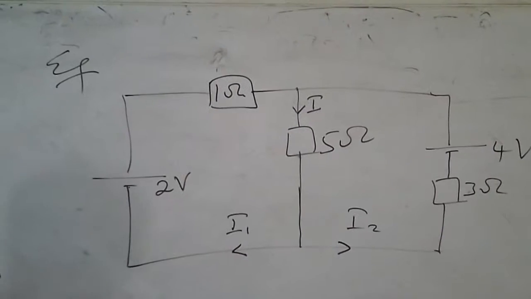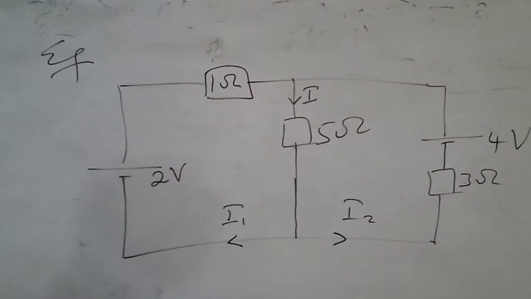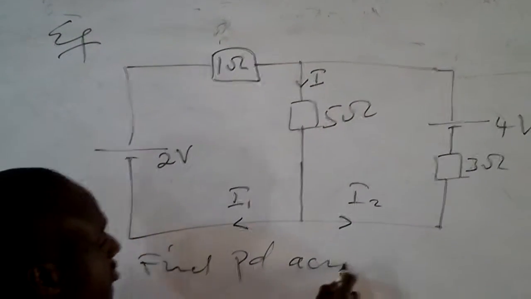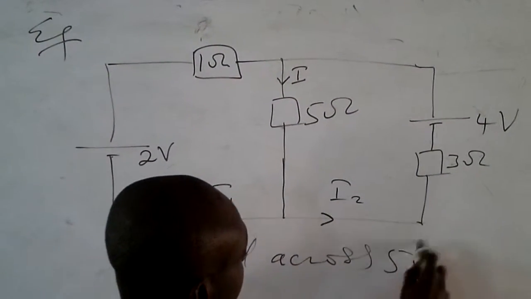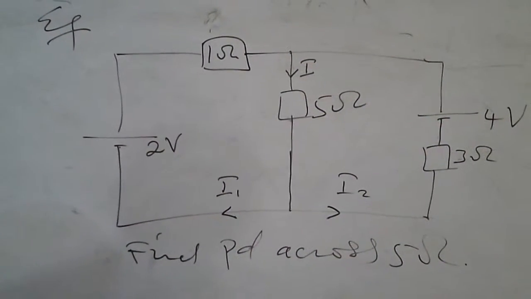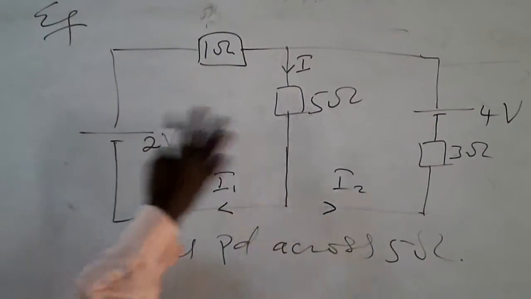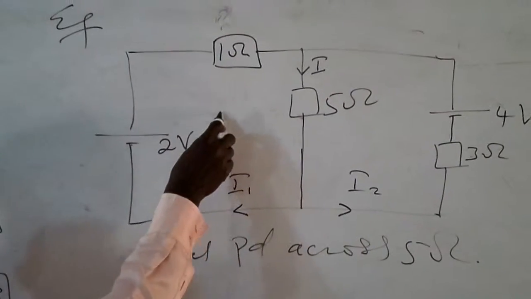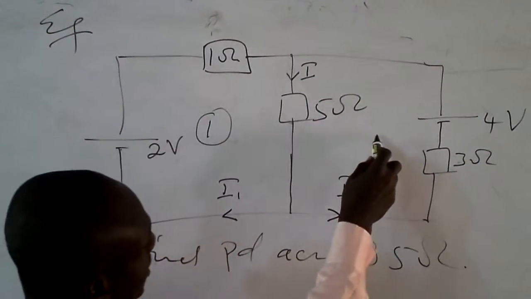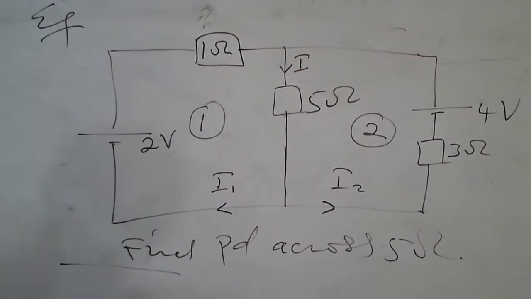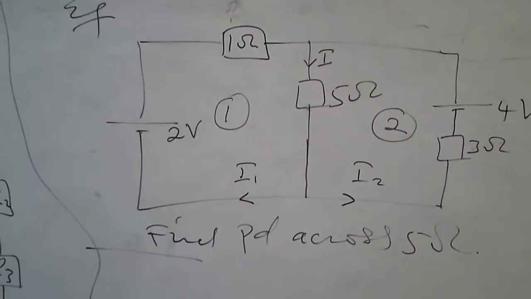We have this example on the board, and we are going to find the PD across the 5 ohm resistor. According to this question we have 2 loops, loop 1 here and loop 2 here, and we are going to apply Kirchhoff's laws to solve it.